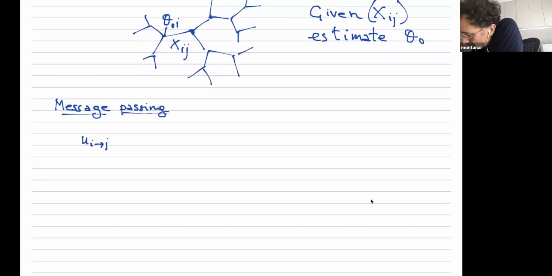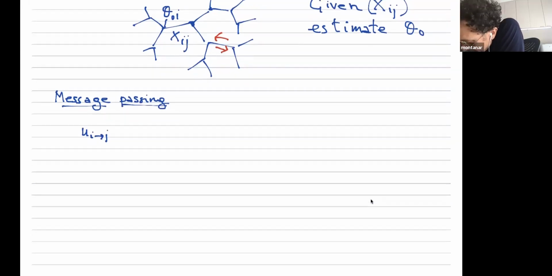So on each edge of this tree, I have two messages going in the two directions. And to indicate directions, I write X_ij. And these are updated in the following way. This is the sum over the neighborhood of i minus vertex j, and then I apply f_t. So this is the same f_t of my AMP algorithm.